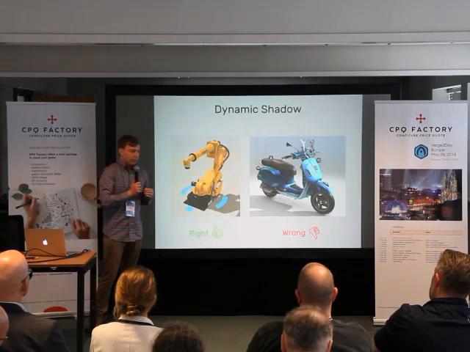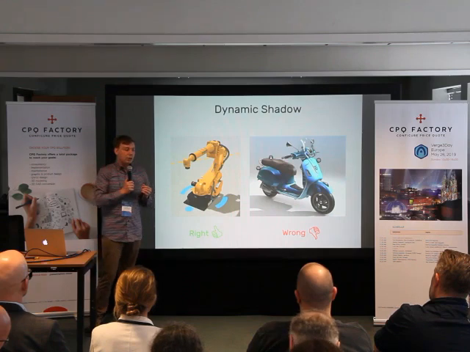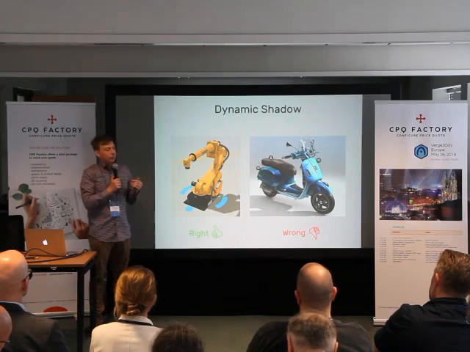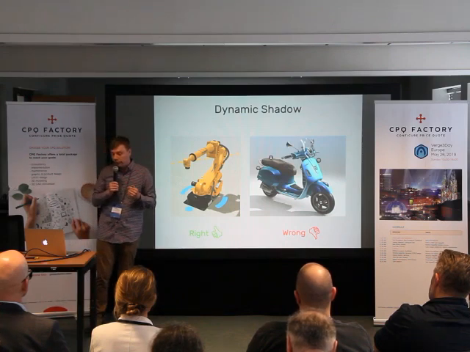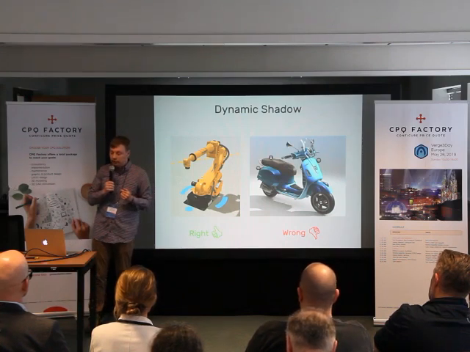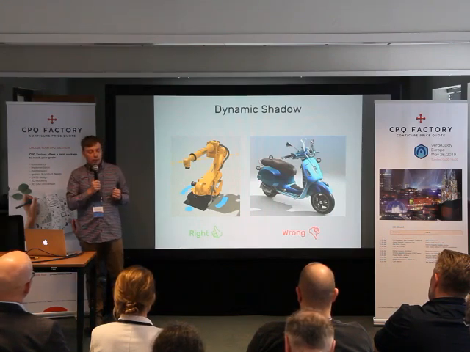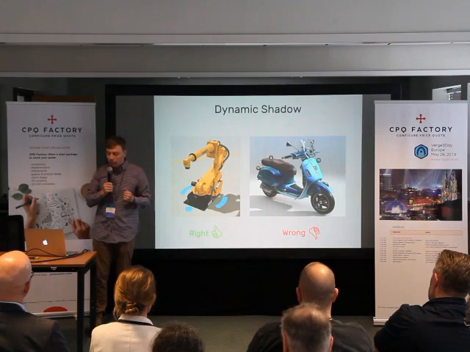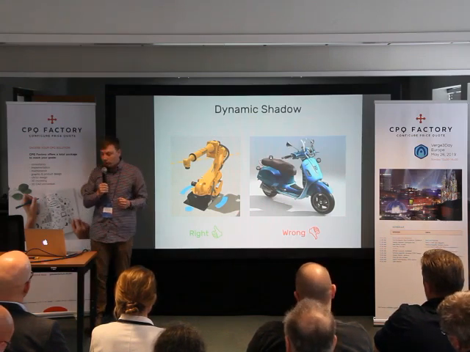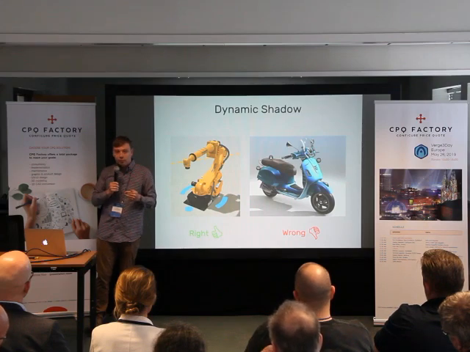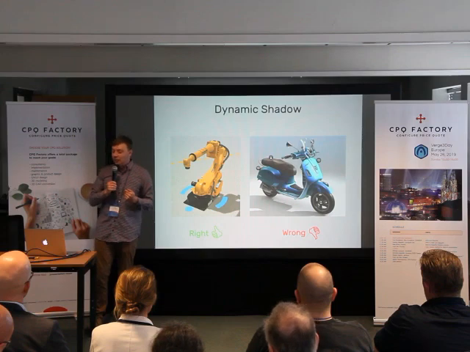And what about dynamic shadow? It's better to use a dynamic shadow only if it really helps you to show the product from a good side. For example, on the left picture, you can see the industrial robot demo with a dynamic shadow, and it helps to highlight the shape of the object, in my opinion.